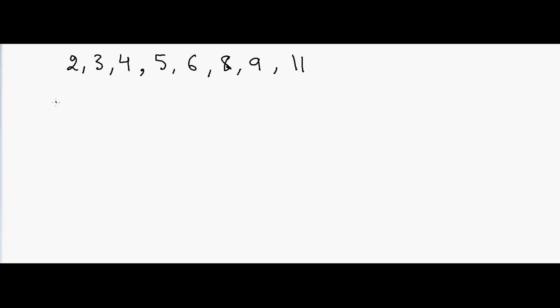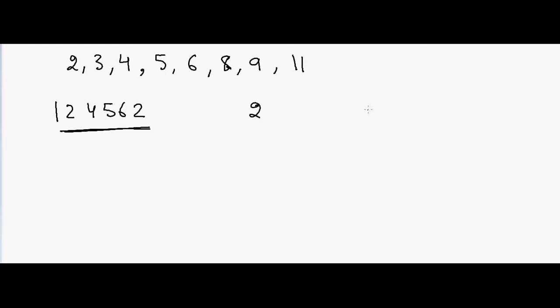Let me begin with an example. Suppose I have the number 1, 2, 4, 5, 6, 2, and I want to find out whether this number is divisible by 2. For this test it is very easy.